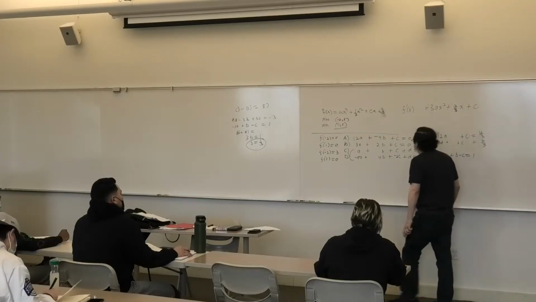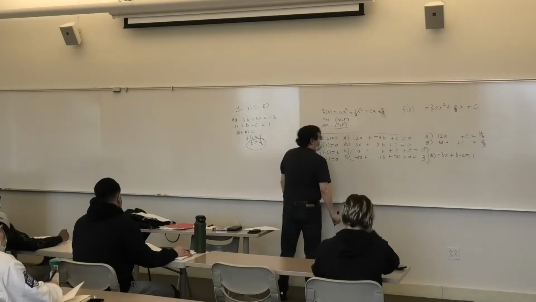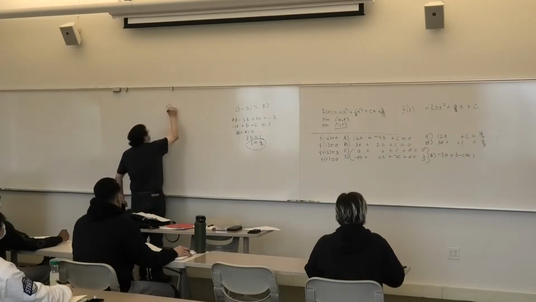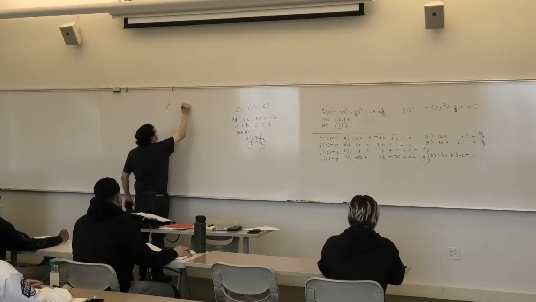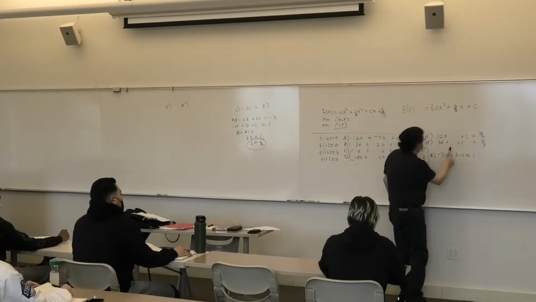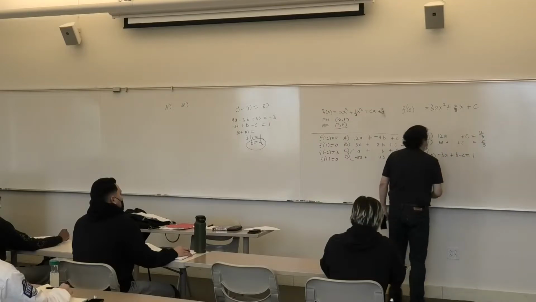Okay. So now I want to combine A prime and B prime somehow. How do I want to do that? Oh, I just want to subtract B prime.